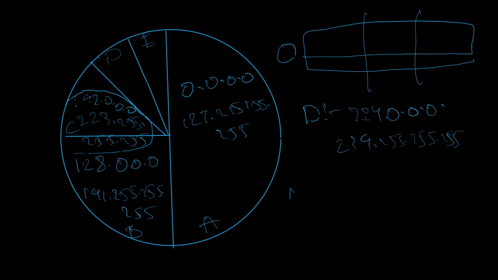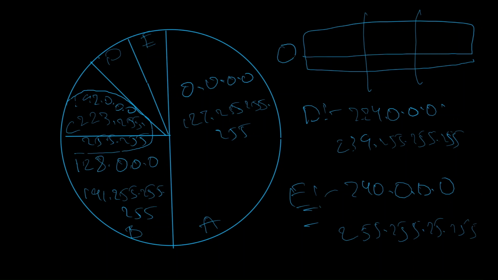And class E starts from 240.0.0.0 to 255.255.255.255. Actually we need to include only until 240.54, or else you can also include 255.